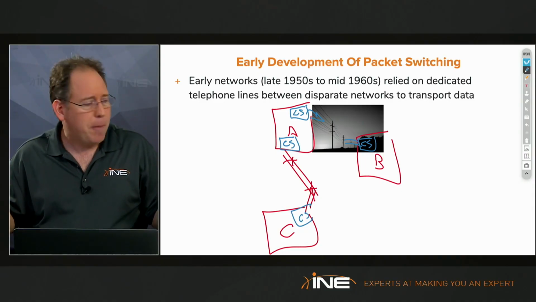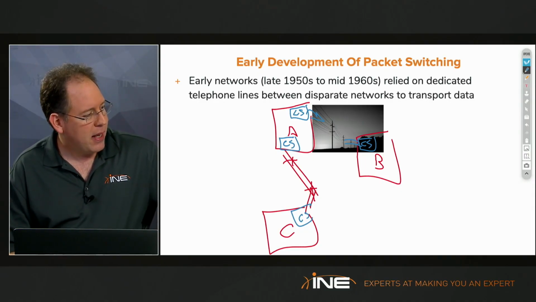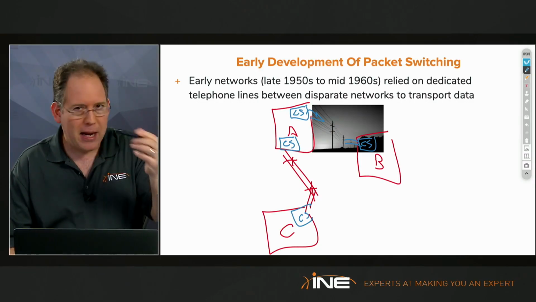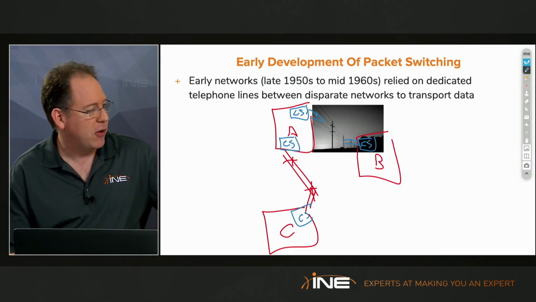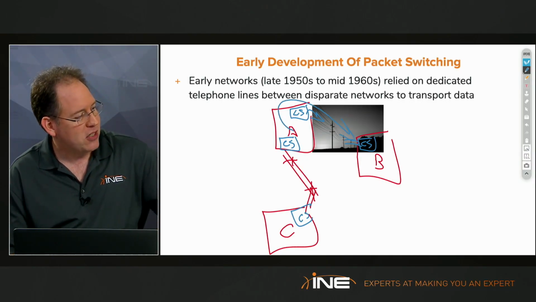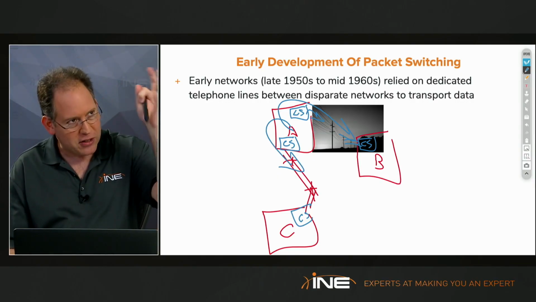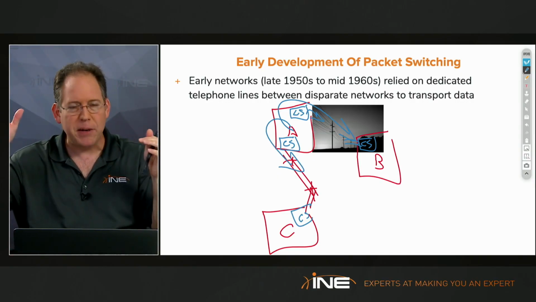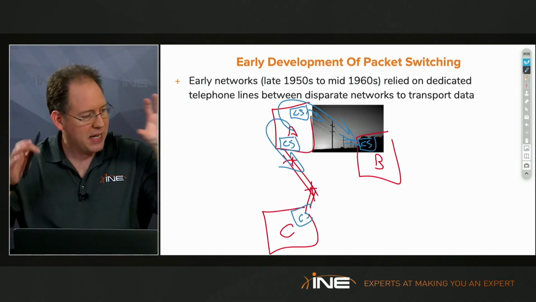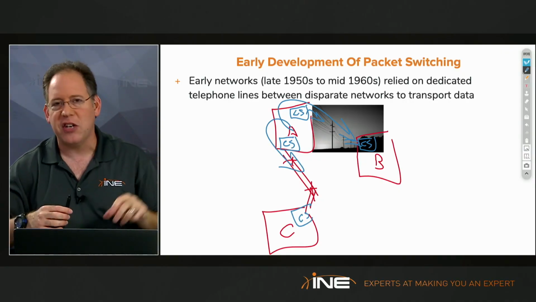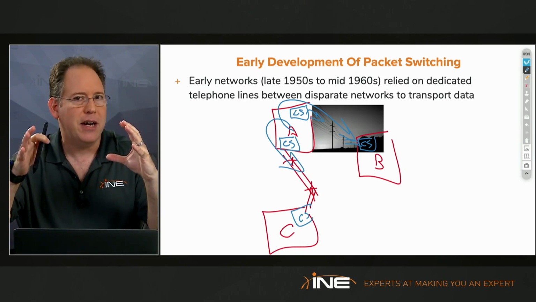Wouldn't it be nice if I could just sit down at one terminal and address my data in such a way that when the data left my terminal, it knew which system to go out on? Instead of using these dedicated wires, wouldn't it be nice if somebody could invent some system that had in each location, A, B, and C, a dedicated device, we'll call this a networking device?